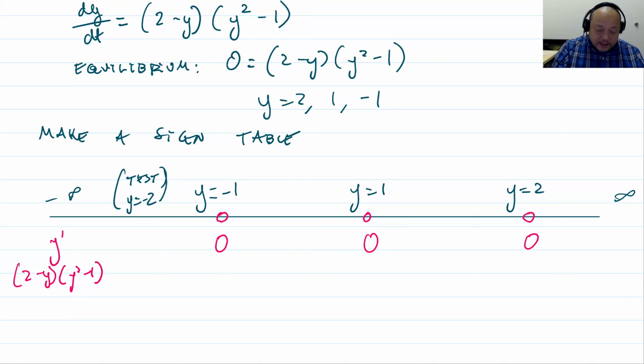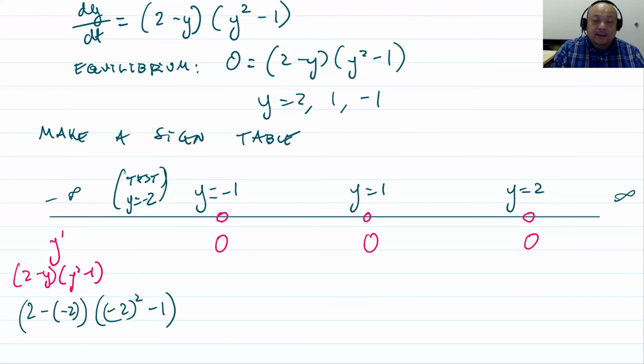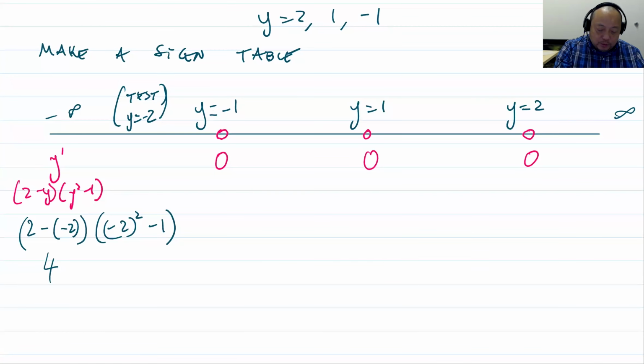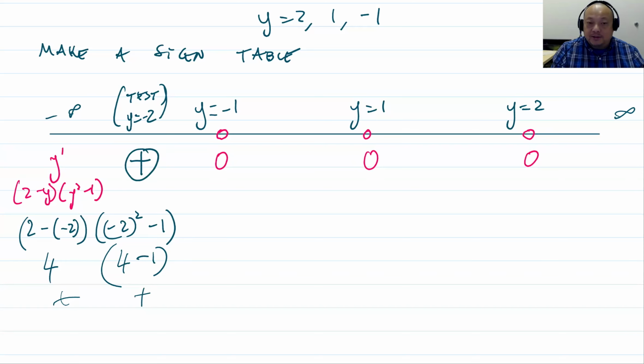I plug y equals negative 2 in: I have 2 minus negative 2, which is 4, times negative 2 squared minus 1, which is 4 minus 1, which is positive. Positive times positive equals positive. The sign here is positive.